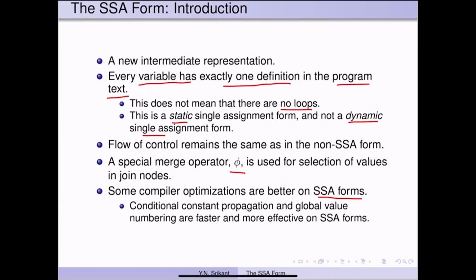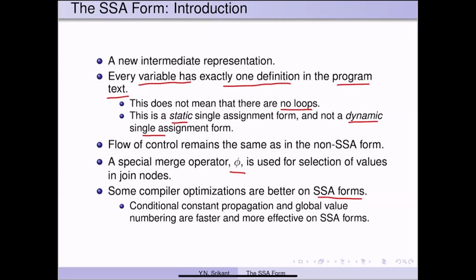In fact, we are stuck with just basic block level optimization using value numbering because it's not possible to extend it meaningfully to the complete procedure or something like that. Whereas with the static single assignment form, larger pieces of code can be brought under value numbering. We will see how exactly it happens.